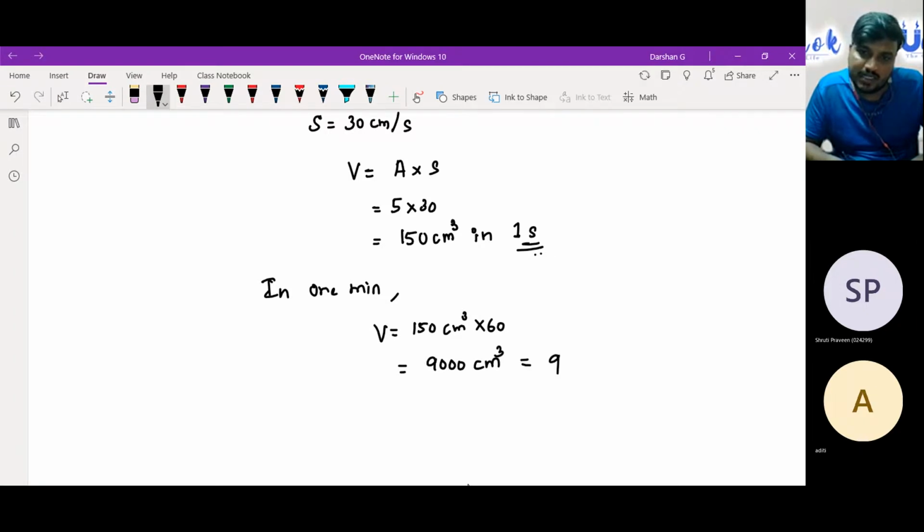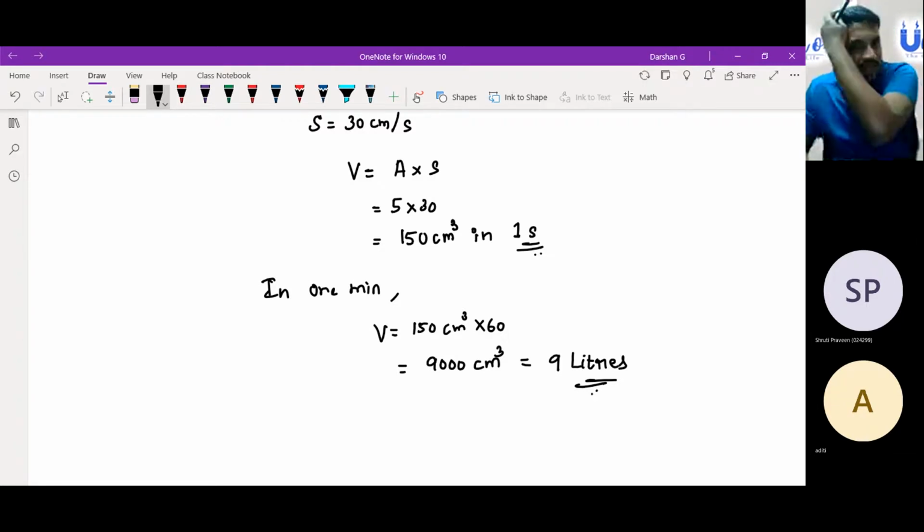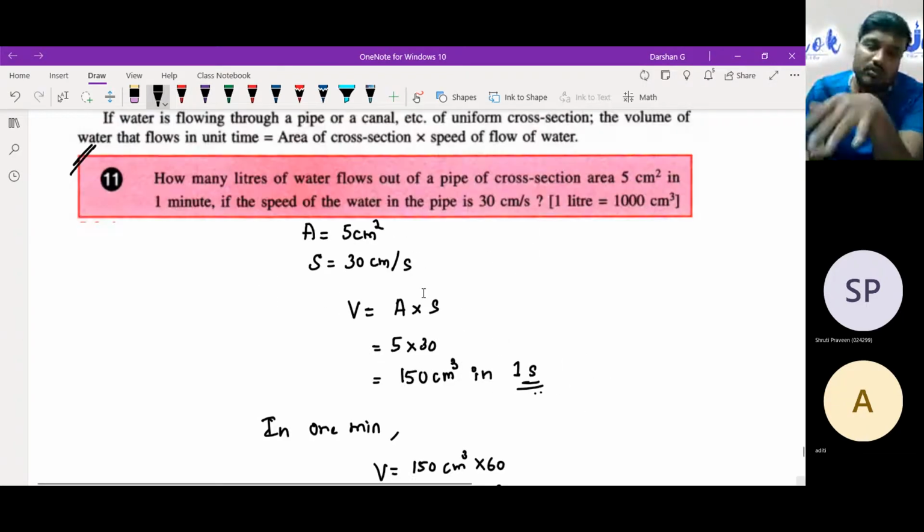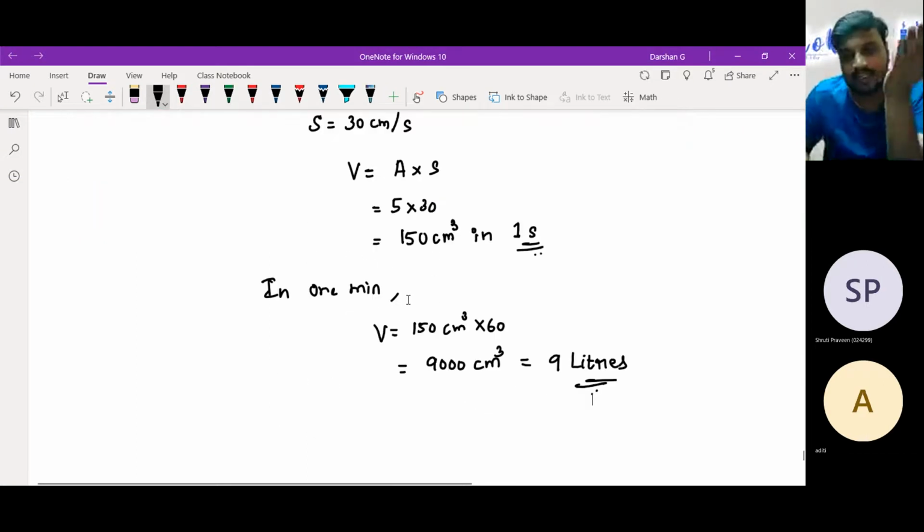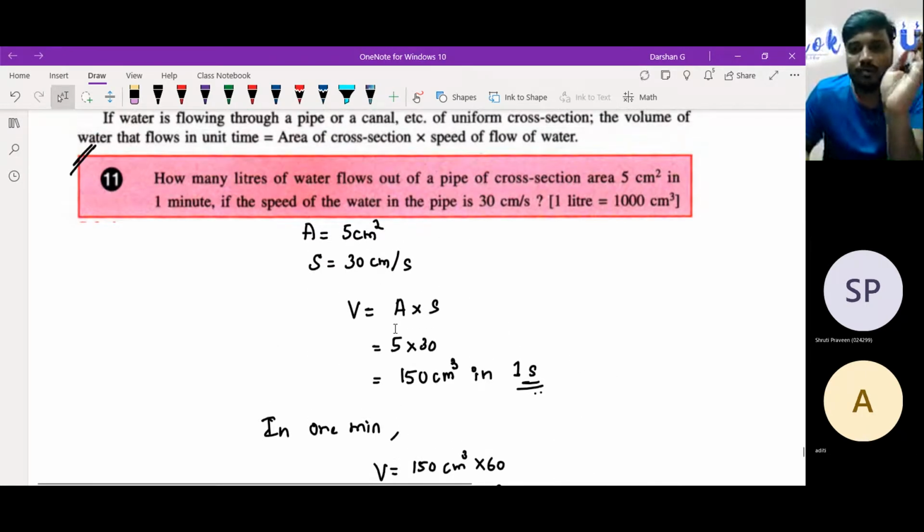This is nothing but 9 liters. This is the answer. Very important. If they ask 3 minutes, you would multiply it with 180 so that it becomes in that given timing. Very, very important. This kind of questions are 100% possible considering that's your unit test.